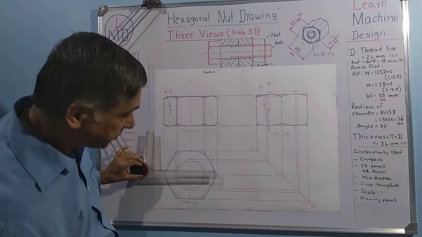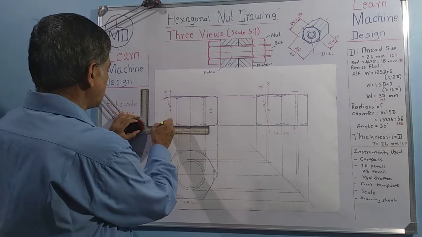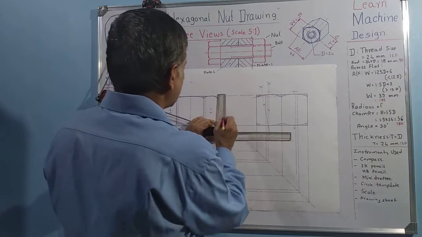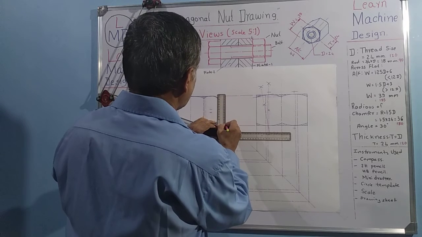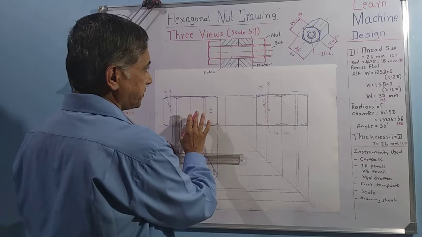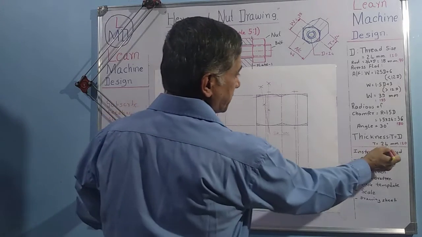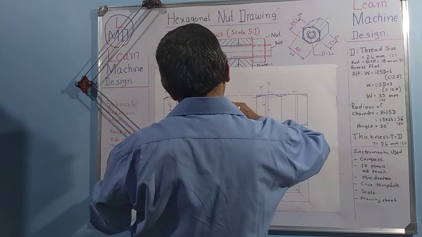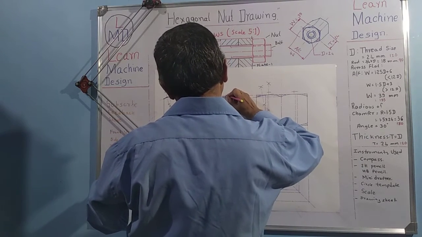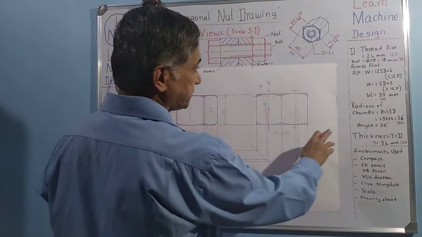For that, I will use this sketch pen and write this. Then while writing the dimension, we have to write the actual dimension. What is the thickness now? The 24. We have to write the 24 only here. Then what is the across the flight dimension?